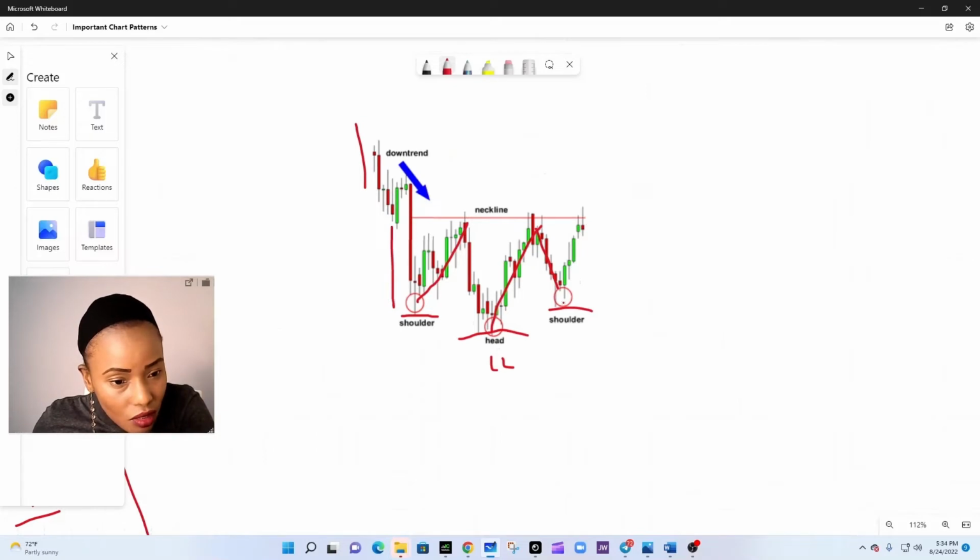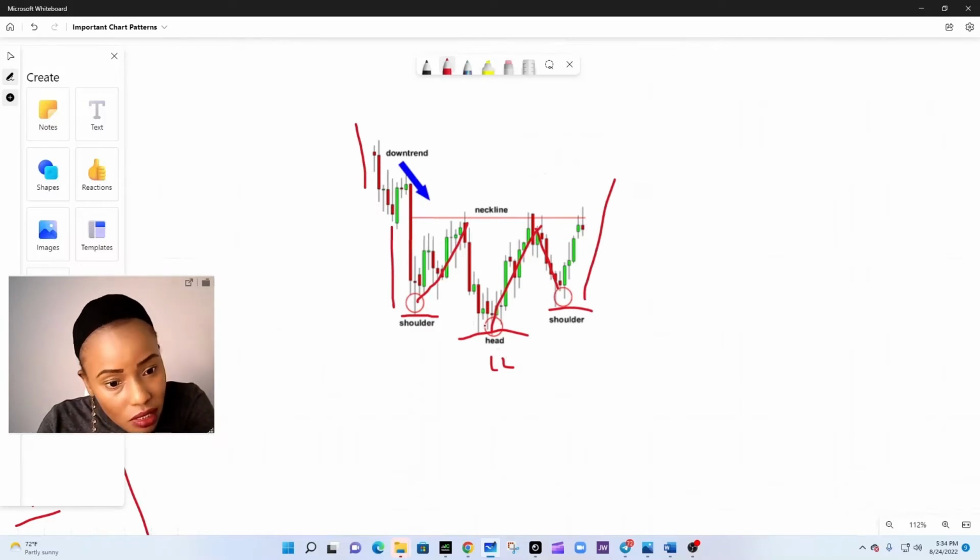It tells you that the price has reached the lowest point during that trading session and it's time to reverse. You look for your entry signals and start looking for buying opportunities. So once the third peak is formed, price will shift from a downtrend to an uptrend.